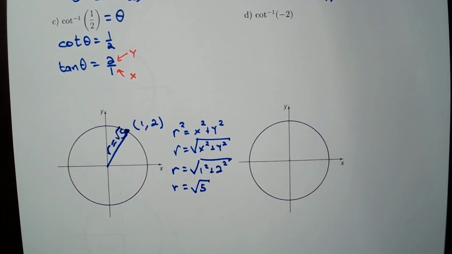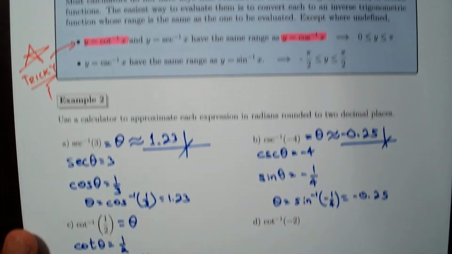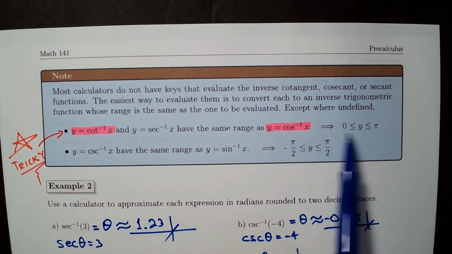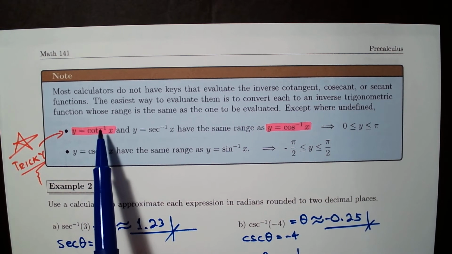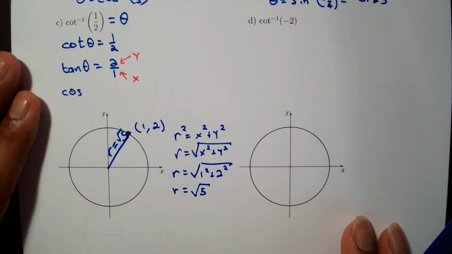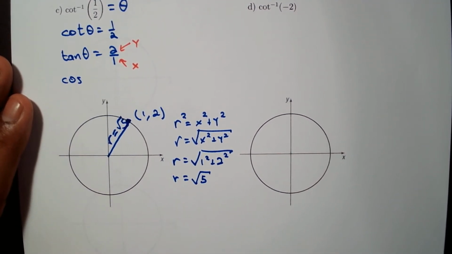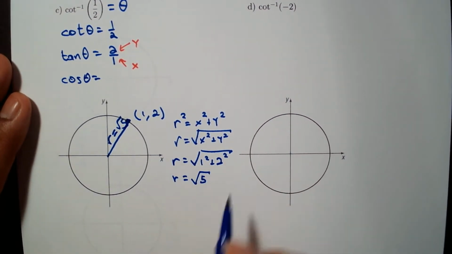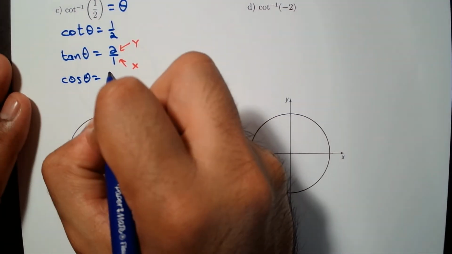All right, so we need to change this to a cosine function. Again, we take advantage that cotangent and secant have the same range as cosine. So it is easier to rewrite cotangent in terms of cosine. I'll show you why in a minute. If you just do inverse tan, it could give you a wrong answer actually. So cosine of theta equals, keep in mind in terms of x, y, r, cosine is x over r.